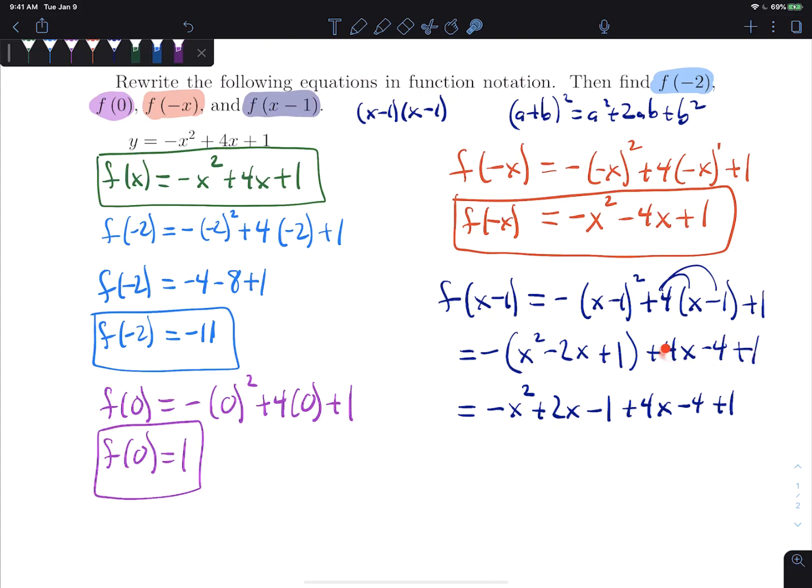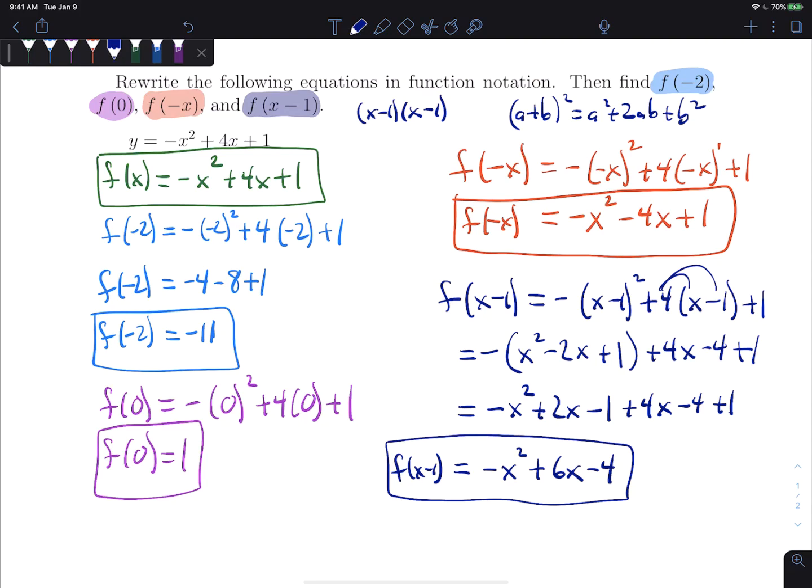But be careful to not change the terms that are outside of that parentheses. And then just combine like terms. And that's going to give us negative x squared. 2x plus 4x is 6x. And then negative 1 minus 4 is negative 5, plus 1 is negative 4. So that means that f of x minus 1 is equal to negative x squared plus 6x minus 4.